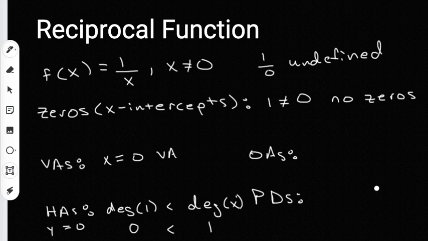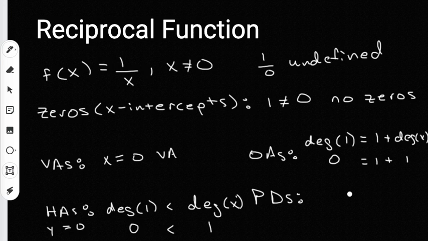Okay, oblique asymptotes are next. Those only happen when the degree of the top is equal to 1 plus the degree of the bottom. So let's think this through. We know that the degree of the top is still 0, and the degree of the bottom is in fact 1.